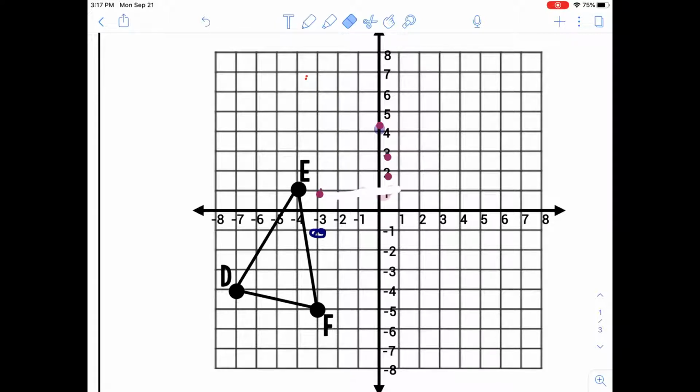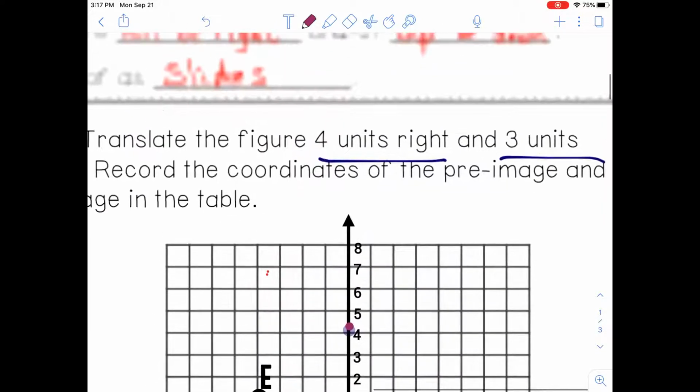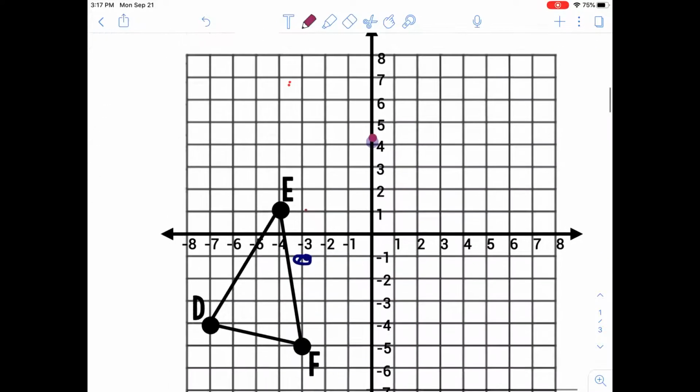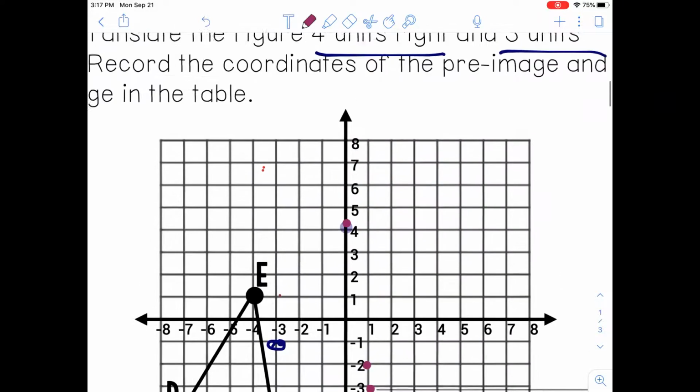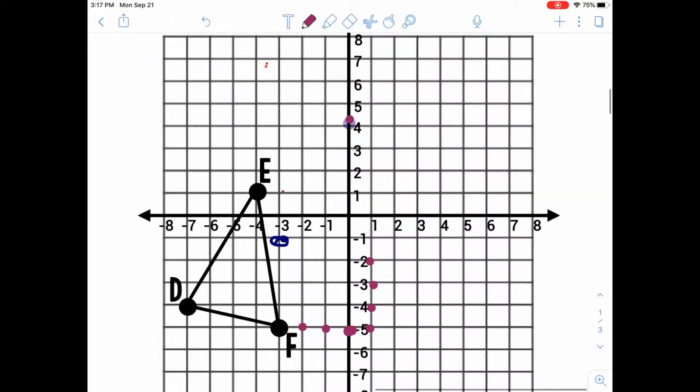So let me erase these extra ones here, and then I'm going to do the same thing for F. I'm going to go 4 units to the right, 3 units up. So 1, 2, 3, 4, 1, 2, 3. Just double checking. And then I'm going to put my dot there.